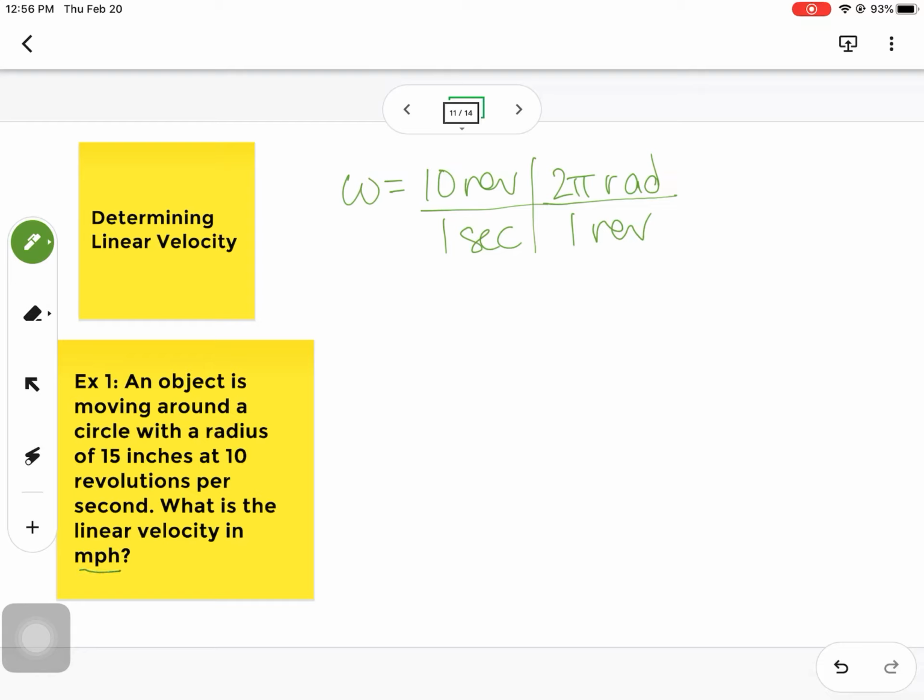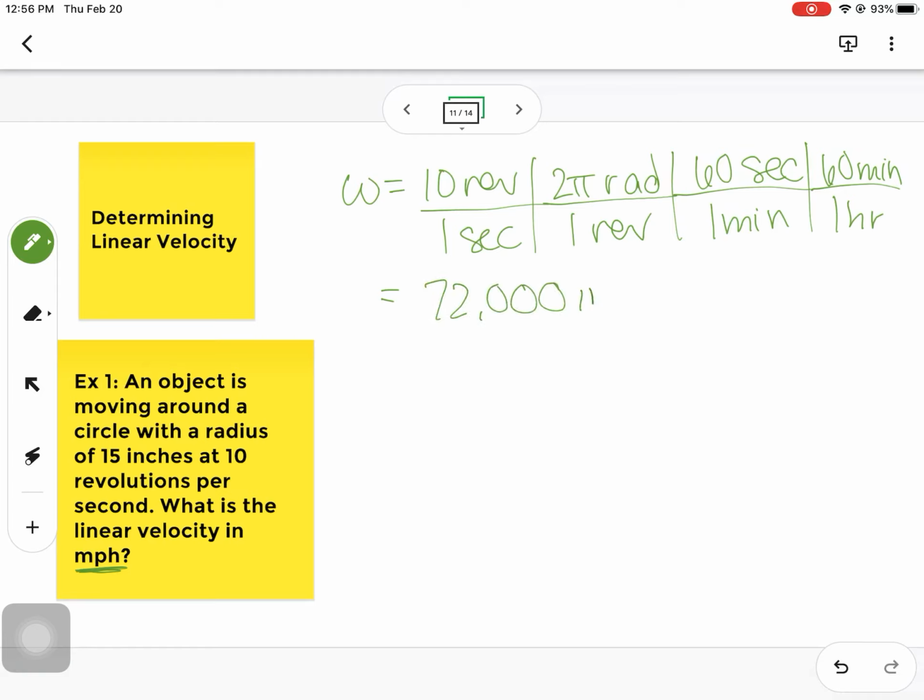But now I know I want it in miles per hour, so I have to convert the seconds into minutes and the minutes into hours. And again, you can do that in one big jump or in multiple. So I'm going to do 10 times 2 times 60 times 60, and this is 72,000 pi radians per hour.